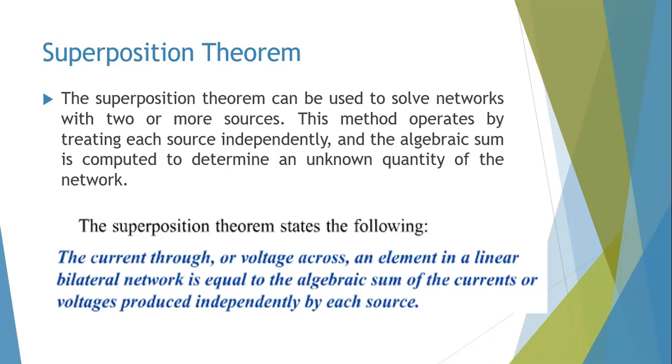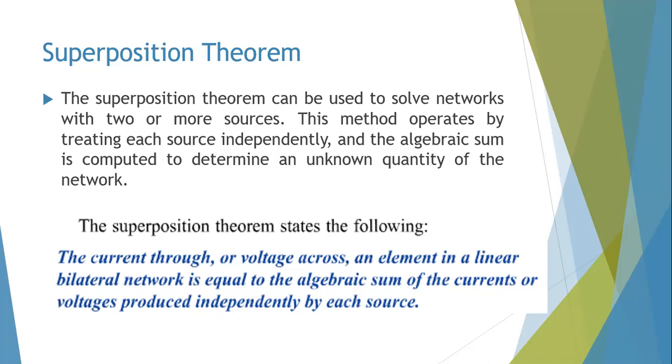If you take source number one, you get a current. Source number two gives the second current, and source number three gives the third current. If you take the algebraic sum of these three currents, you get the overall current you would get with the three sources. So as you can see, the superposition theorem allows you to simplify circuit analysis.